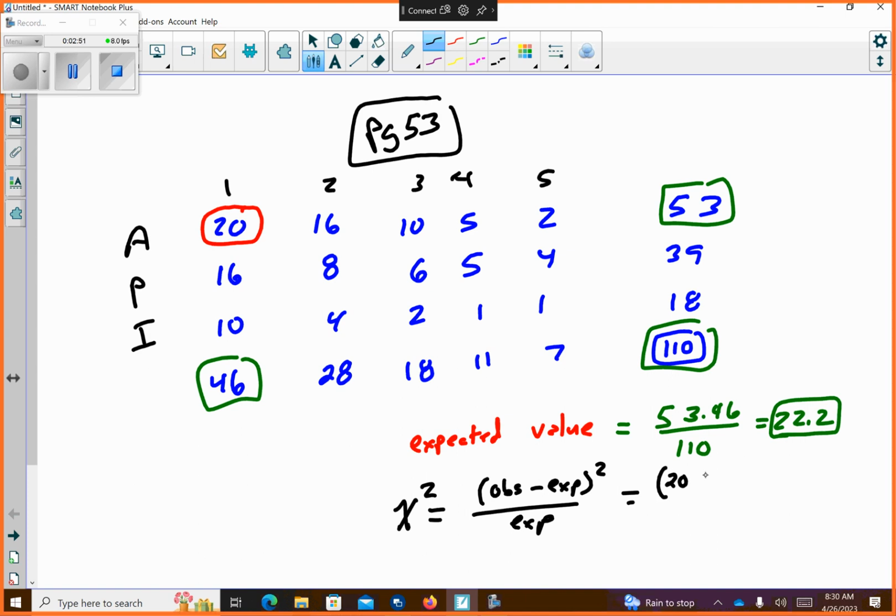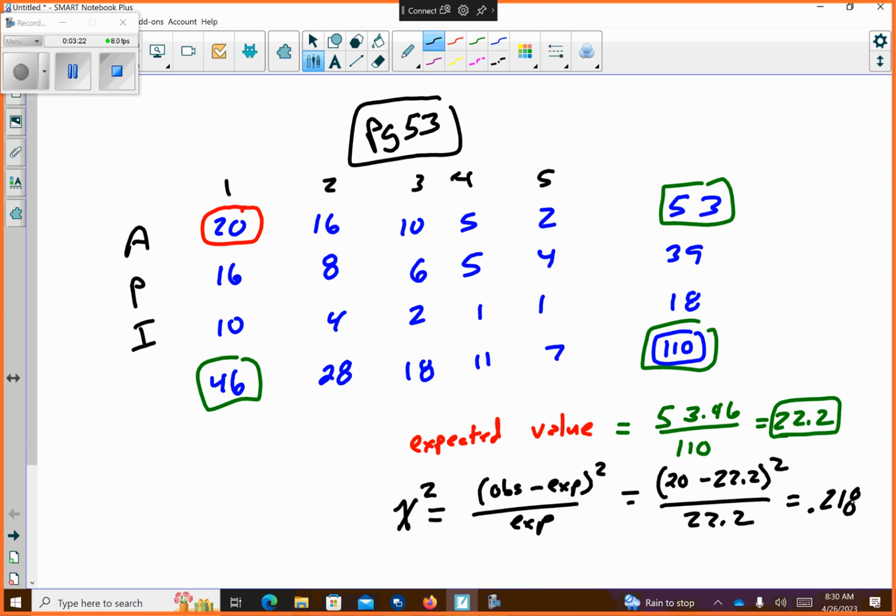The expected is now our new 22.2, and then divided by that. So I am so sorry that I made a mistake. 2.2 squared divided by 22.2, and that comes out to a chi-squared value of 0.218.